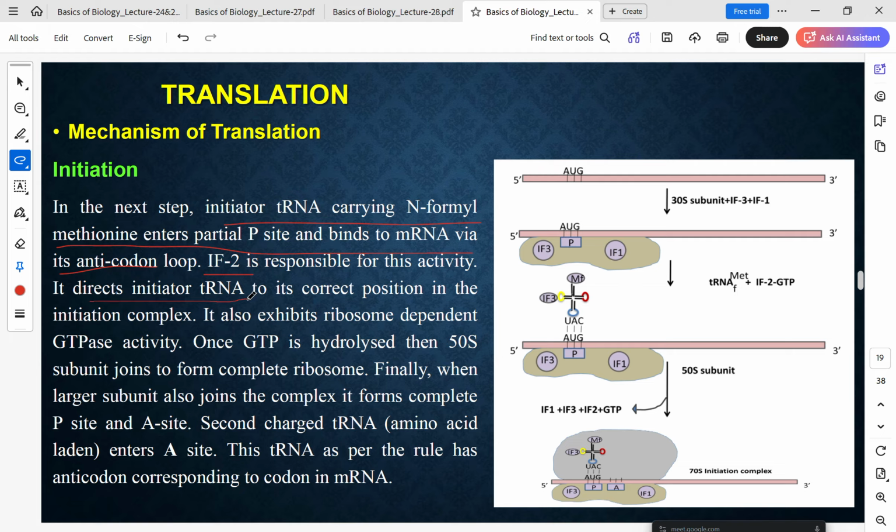It directs initiator tRNA to the correct position in the initiation complex. It also exhibits ribosome-dependent GTPase activity, and once the GTP is hydrolyzed, the 50S subunit attaches itself to form the whole complex. When the complex is complete, it forms a complete A, complete P and a complete E site.